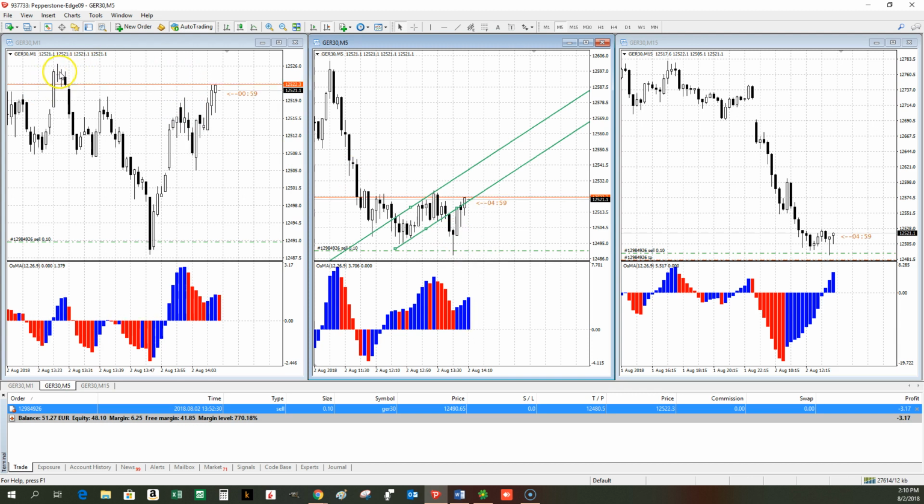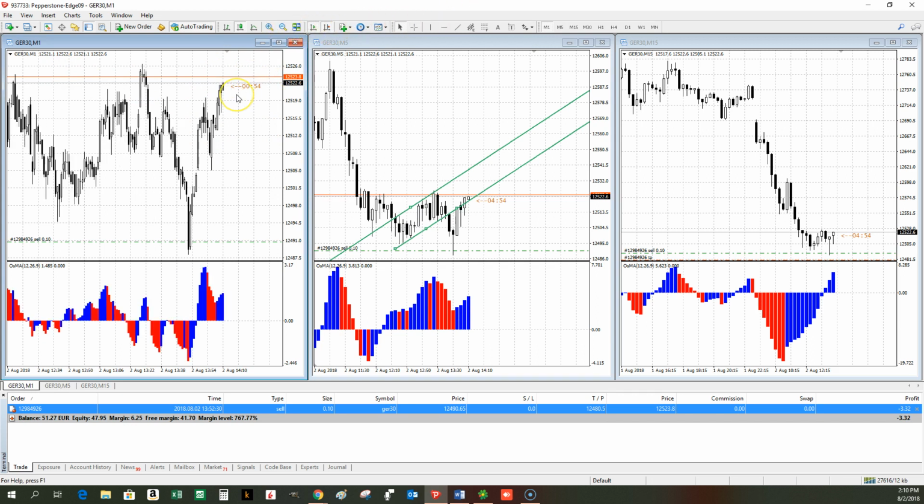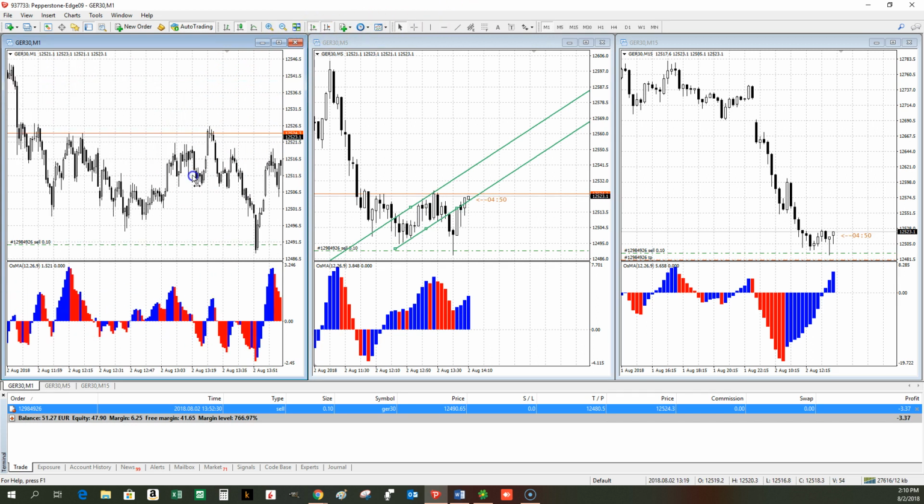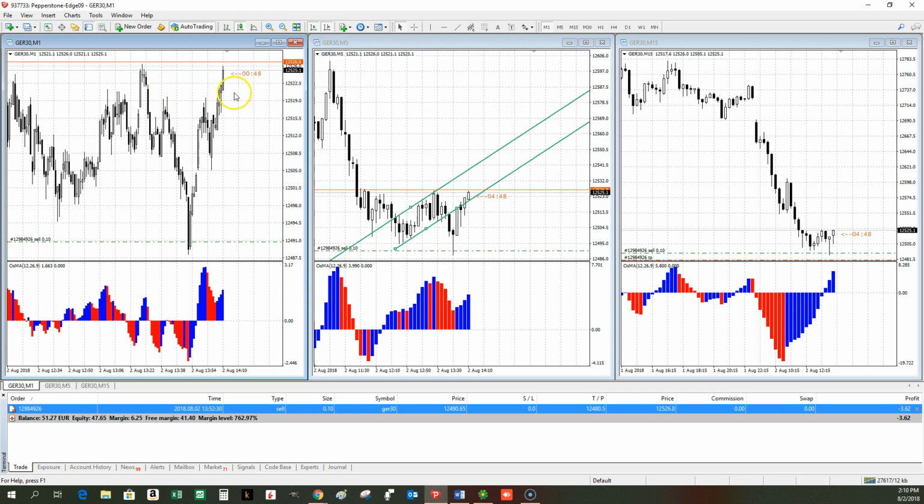You see the top of the wave here? This is the top of the wave.